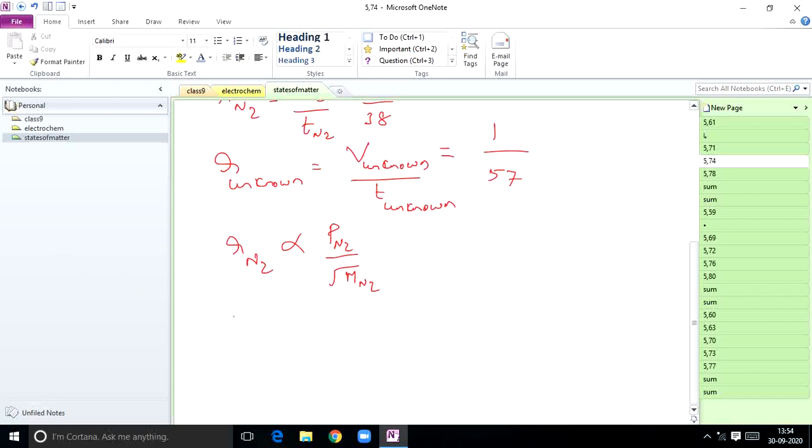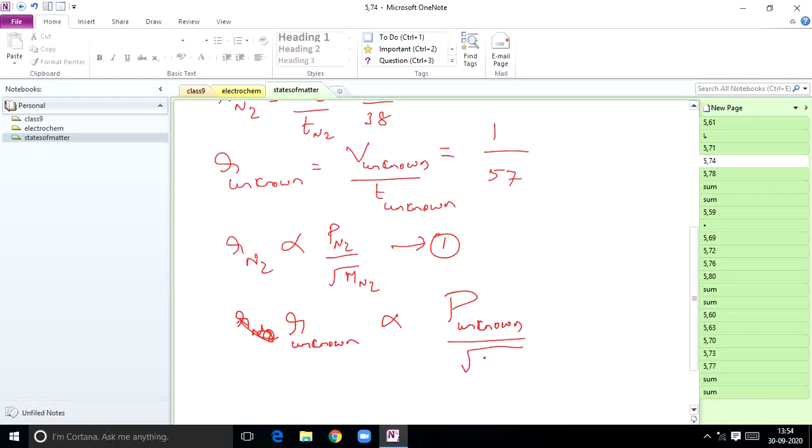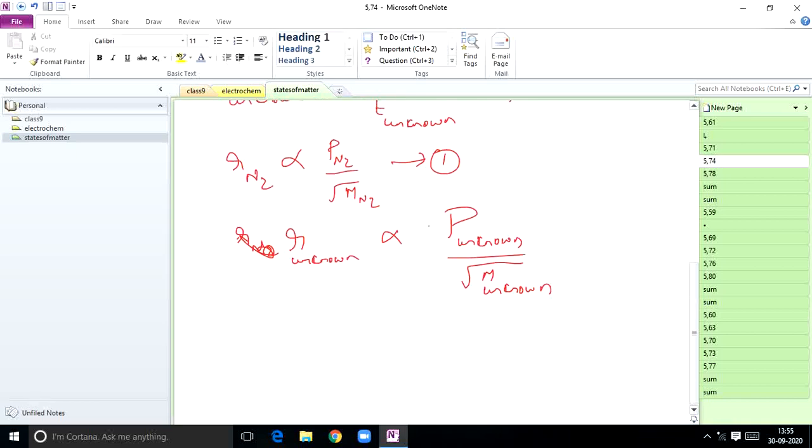This is the first equation. Rate of diffusion of the unknown is also proportional to partial pressure of unknown by square root of molecular mass of unknown compound. Consider this as equation 2.